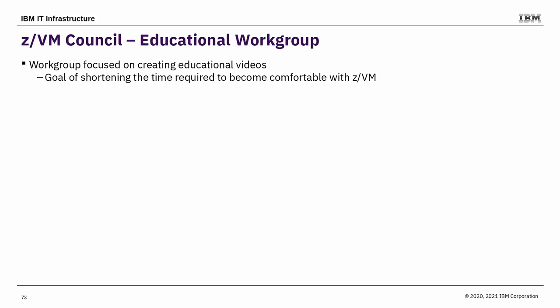So, Malcolm, there's a question in the chat. Can you remind us about large page 1 meg 2 gig support for Linux and z/OS guests under z/VM? No change basically.